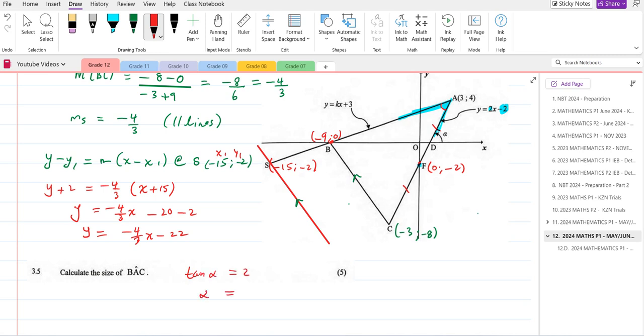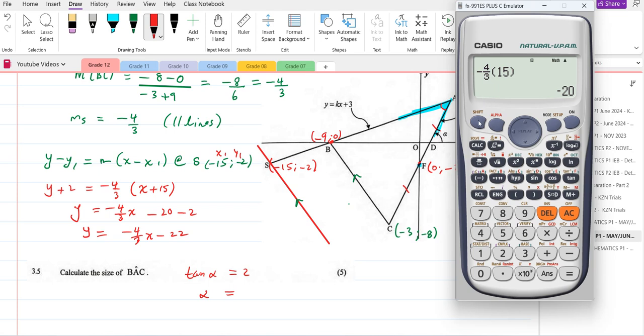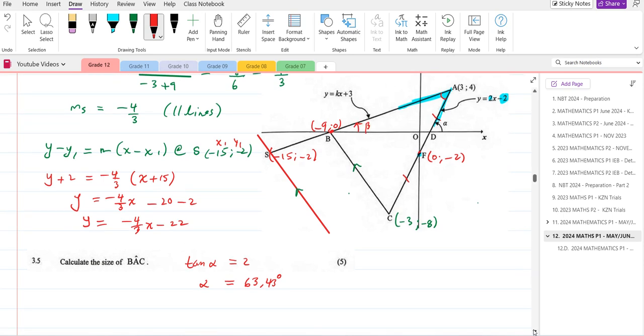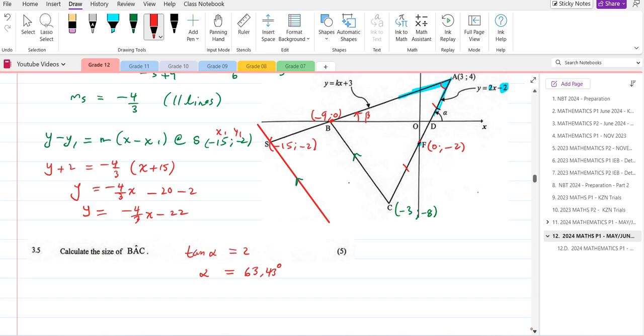Alpha equals shift tan 2. Right, so alpha equals 63.43 degrees, and the other angle I'm going to call beta here, right? And then we can do exterior angles of triangle. So this one here, what's the gradient of this line?